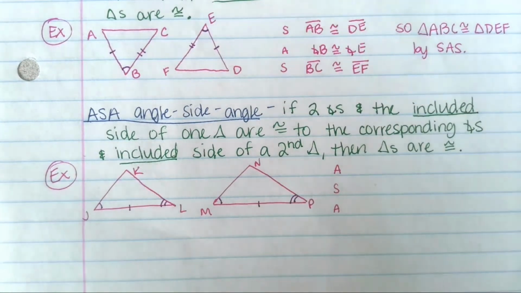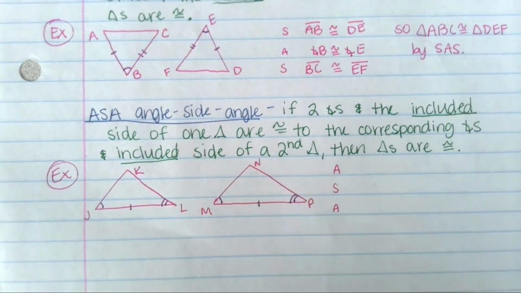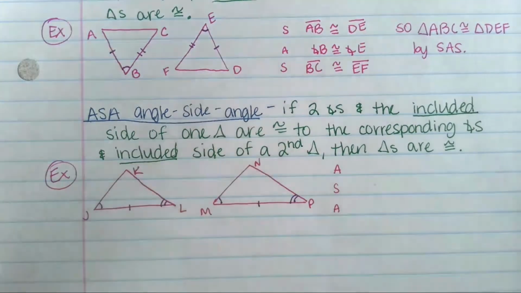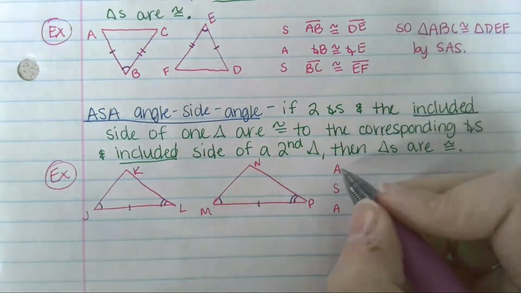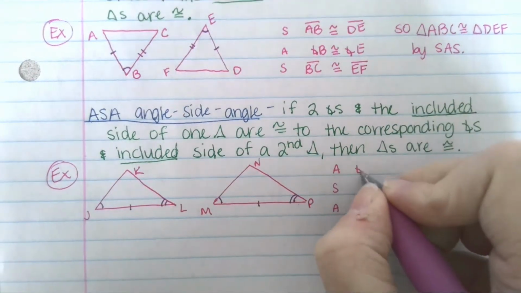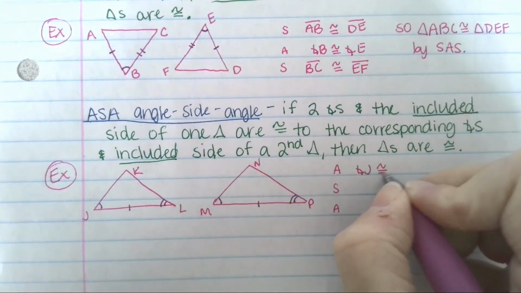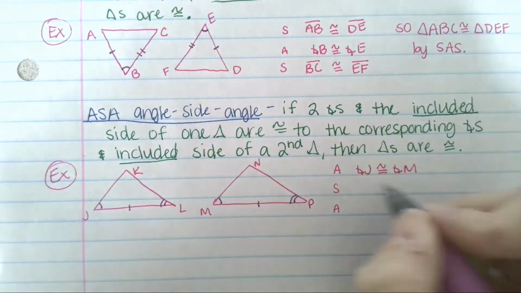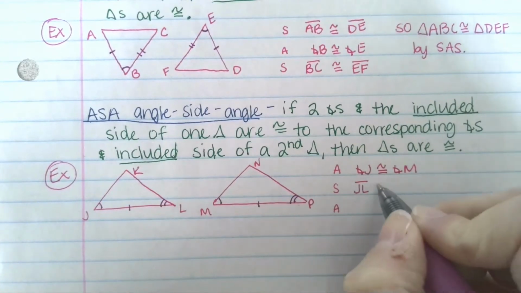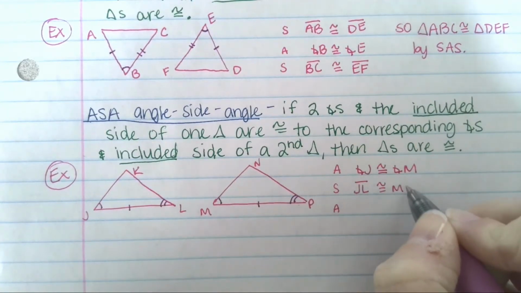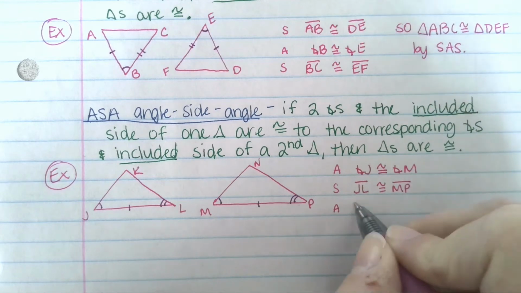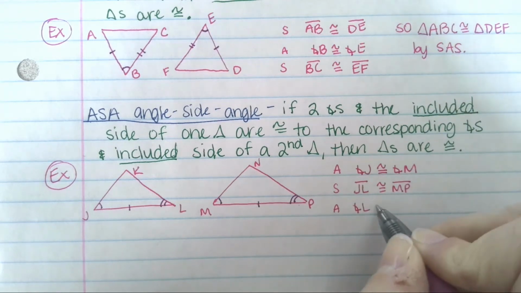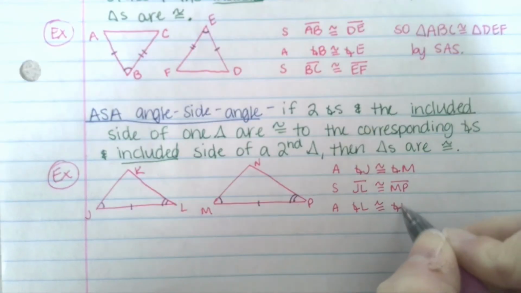And then we have angle M, angle P, and the side that connects them. So our first pair of angles, we can have angle J is congruent to angle M. The side that connects them, we'll do side JL congruent to side MP. And then we have angle L congruent to angle P.